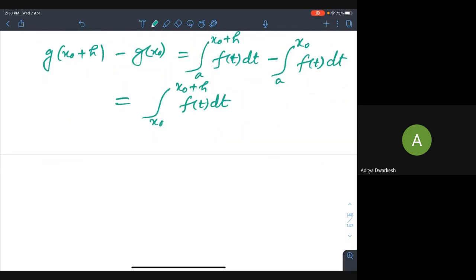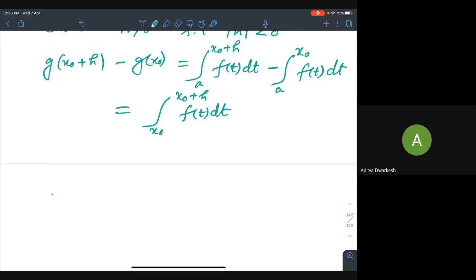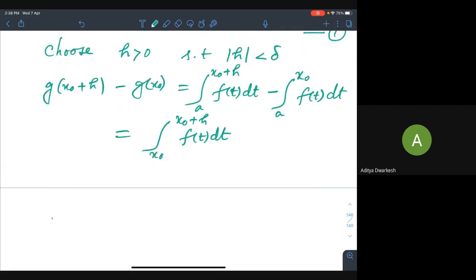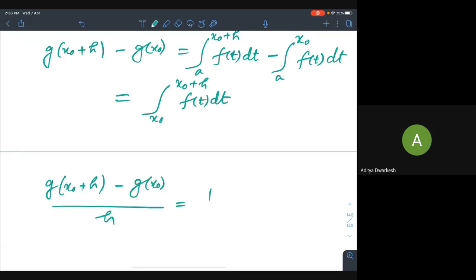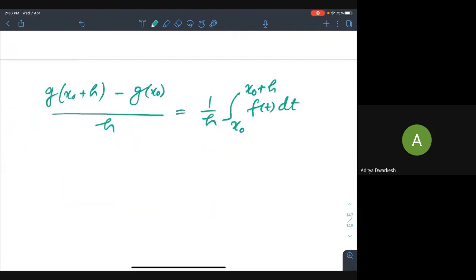Now what we want to do is the following. We want to look at (G(x naught plus h) minus G(x naught)) by h. This is 1 over h times the integral from x naught to x naught plus h of f(t) dt. Now we want to subtract f(x naught) from both sides.